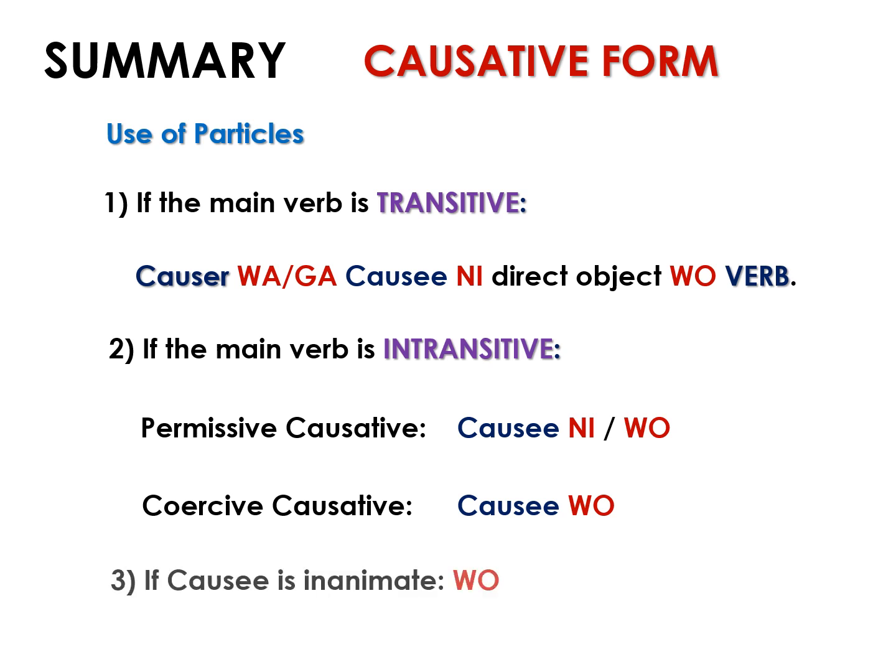And the last note is that if the causee is inanimate, say like an object or idea, then causee takes the particle wo only. And that ends our lesson on the causative V-saseru conjugation. Our next lesson tackles the causative passive conjugation, V-saserareru.